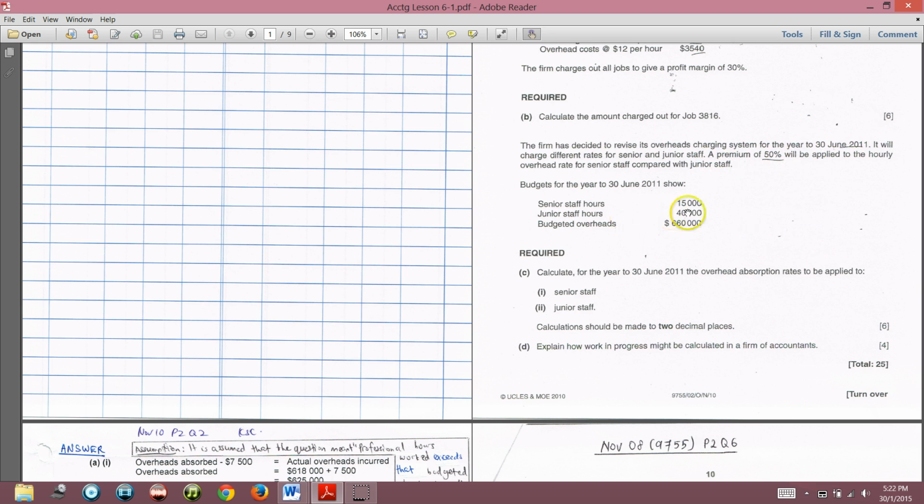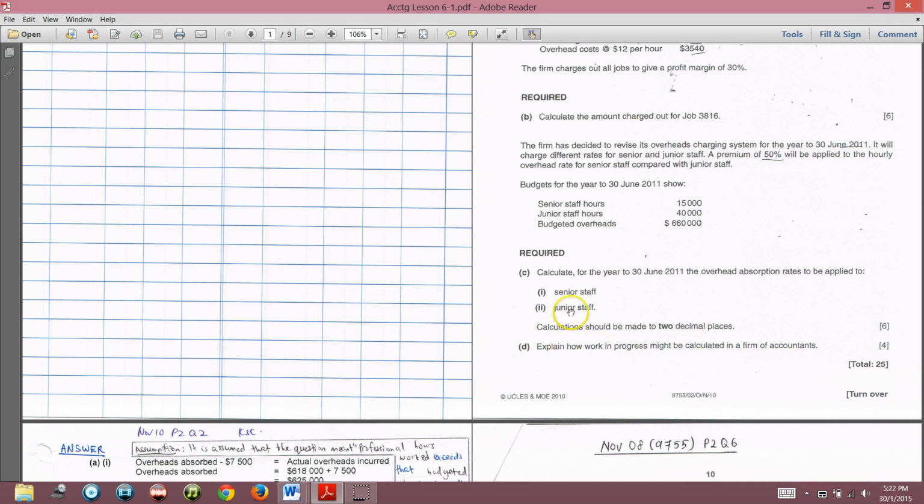So this is senior staff hours, and this is junior staff hours, and this is budgeted overheads. They are saying that the overhead absorption rate for senior staff is 1.5 times more than the junior staff.